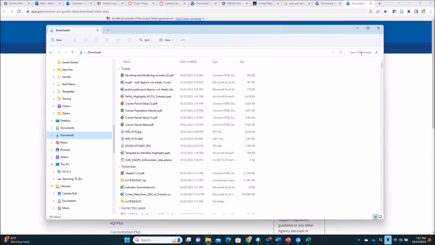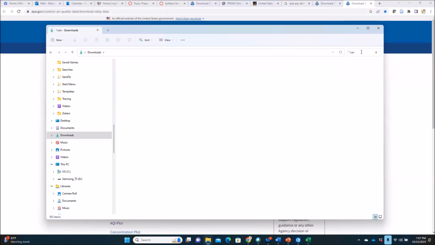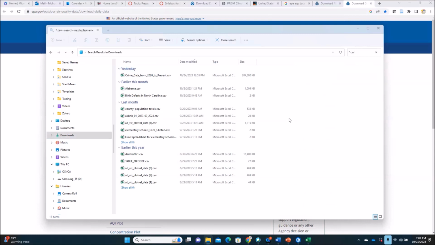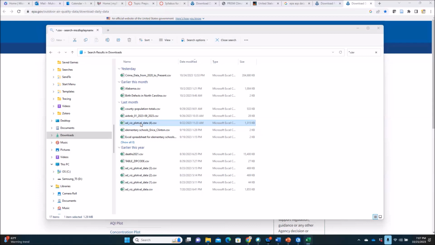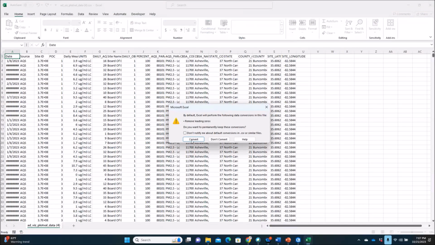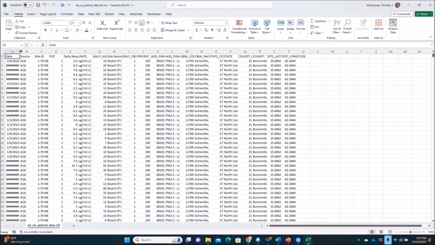Oh, let me try downloads. Okay, all right. I'll make sure I remember that.